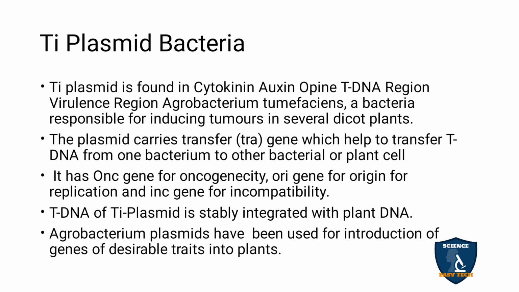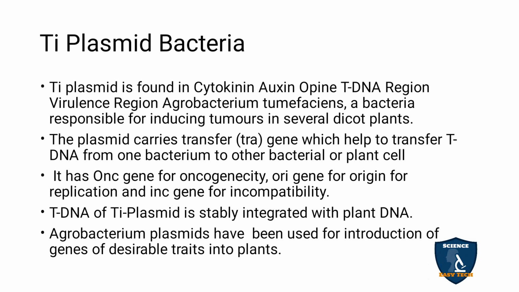The ORI gene is the origin of replication, to replicate along with the gene of interest. Because of that, every vector should have an ORI region. The INC gene is the incompatibility gene, and the T-DNA is effectively joined and stable with the plant DNA.